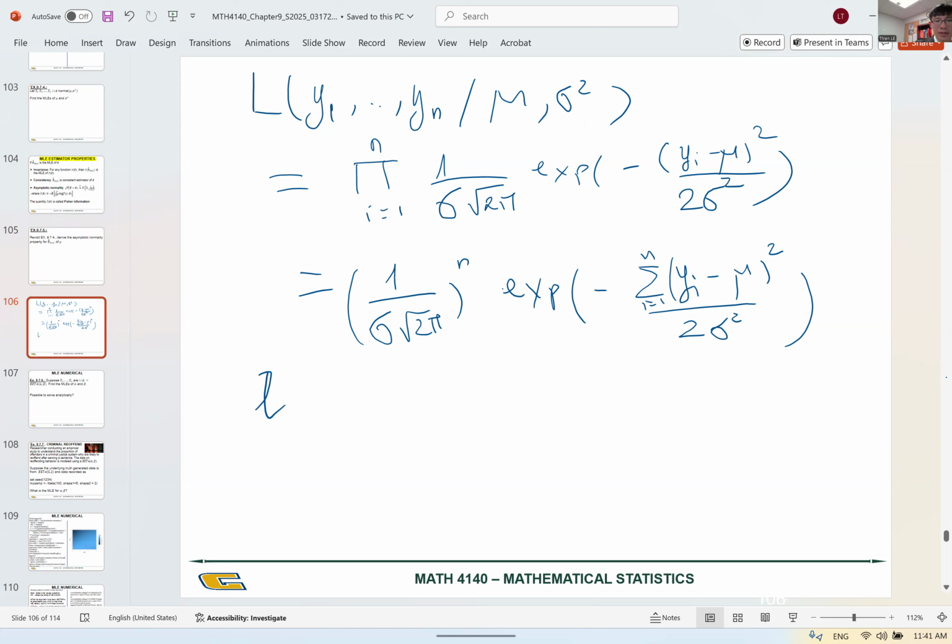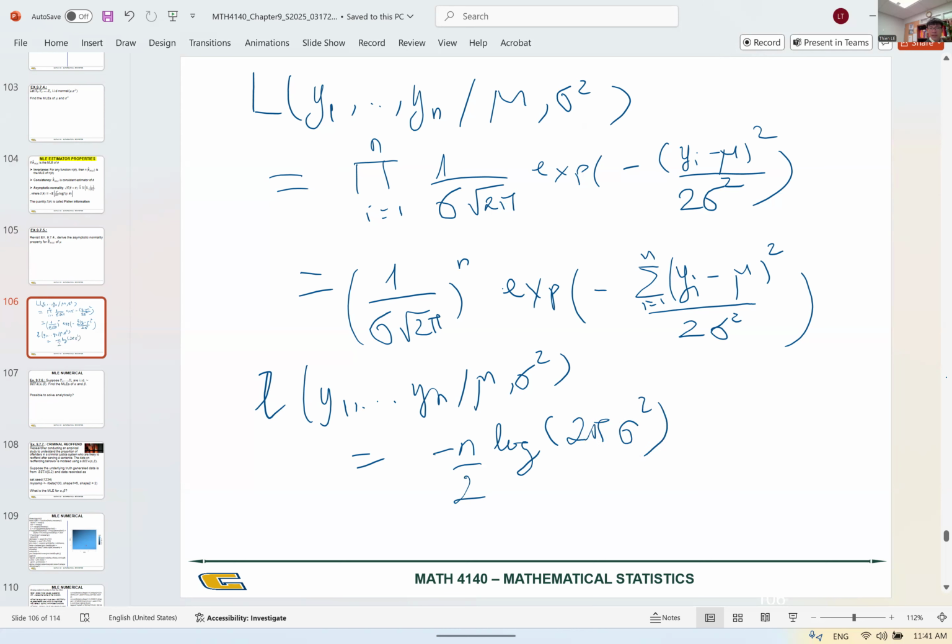The log of one over 2 pi sigma square, and the exponential here, the log would be just like this, from 1 to n here.